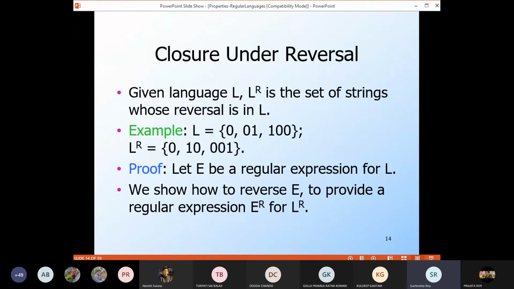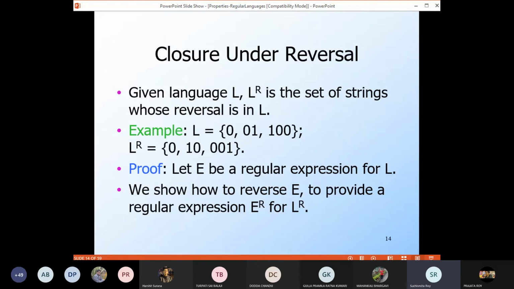If you take every string and reverse it, that means you read it in the opposite direction, starting from the last symbol and ending in the first symbol, then the collection of these reversed strings is the reversed set LR. So reversal is defined with respect to the strings of L. When you reverse a regular language, you reverse every single string which belongs in that regular language.